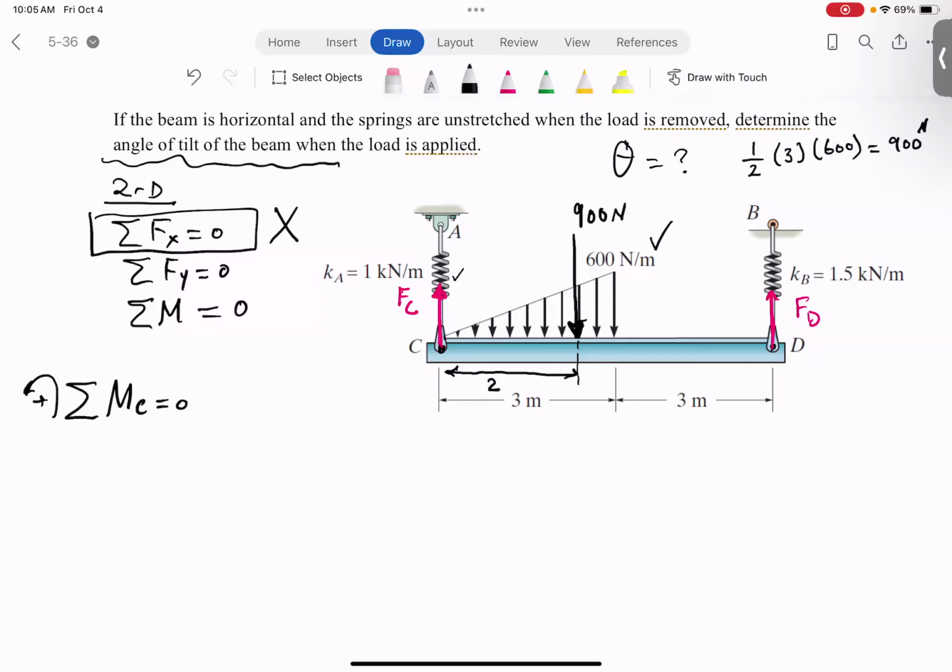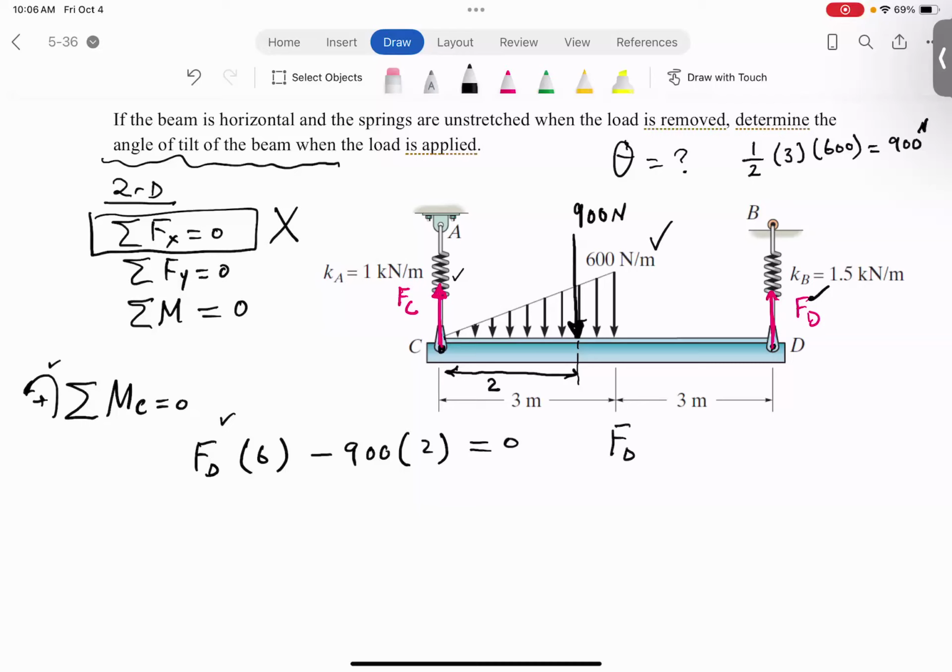All right, let's take moment about C and set it equal to 0. The moment of F sub D times 6 is going counterclockwise, positive according to the direction I picked here. The moment of the 900 coming from the triangular load is going clockwise, times 2.